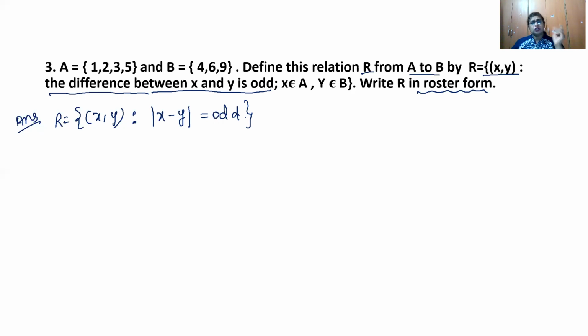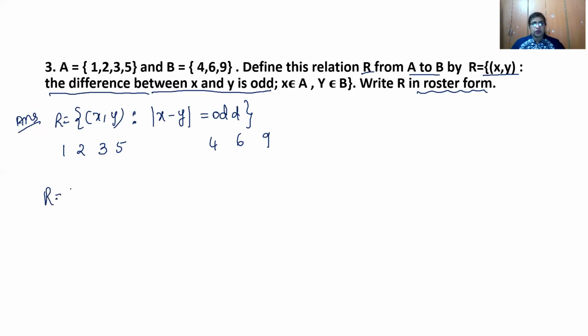So you have to take all possibilities where, when you subtract, you get an odd number. A set is {1, 2, 3, 5} and B set is {4, 6, 9}. Take 1 and pair it with all the second set elements. If you find the difference is an odd number, group it in R. Okay, so let us try.